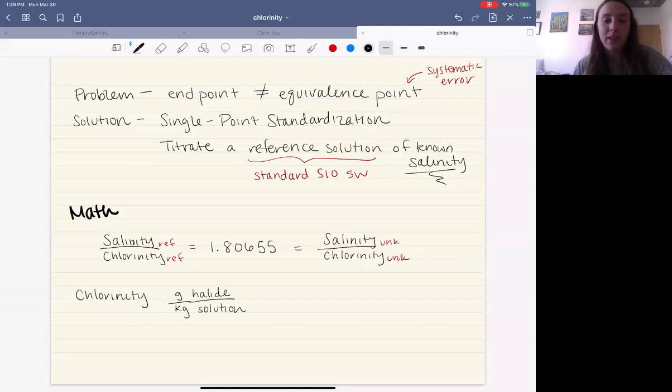Okay, so you could calculate that directly for each titration, essentially, where the only thing you know from your titration is your grams of titrant, the grams of silver nitrate, and then you use the molar mass of silver nitrate to get moles of silver nitrate, and then you use the stoichiometric ratio in this titration reaction in order to find the moles of halide ions, and then you use the molar ratio of halide ions to get grams.